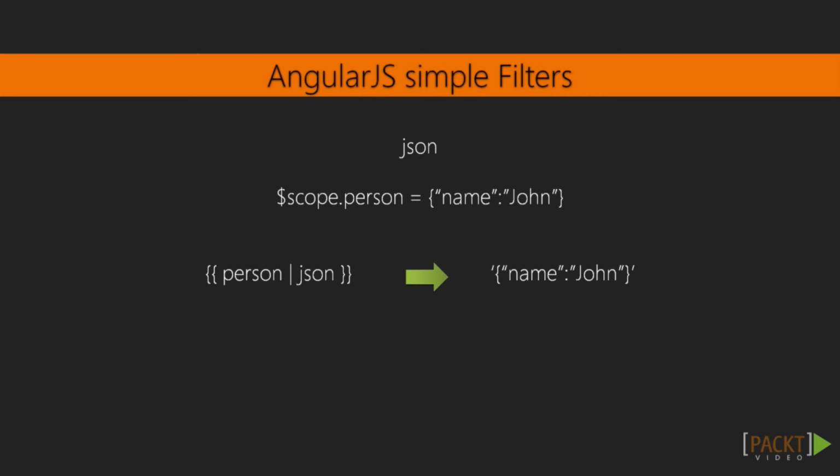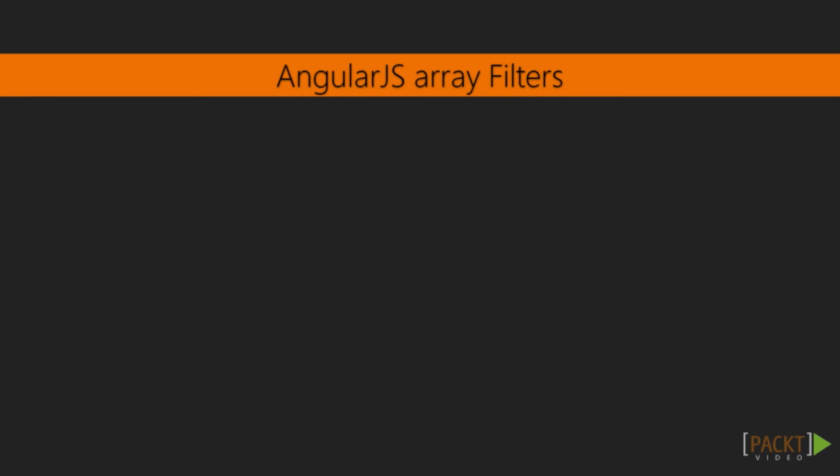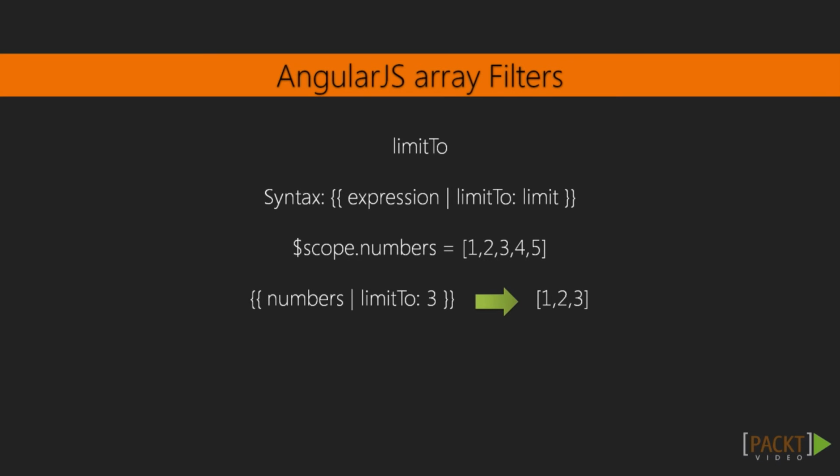Finally, we have some more complex filters especially fit to deal with arrays of data. The limitTo filter creates a new array or string containing only a specified number of elements. The elements are taken from either the beginning or the end of the source array or string, as specified by the value and sign, positive or negative, of the limit parameter.